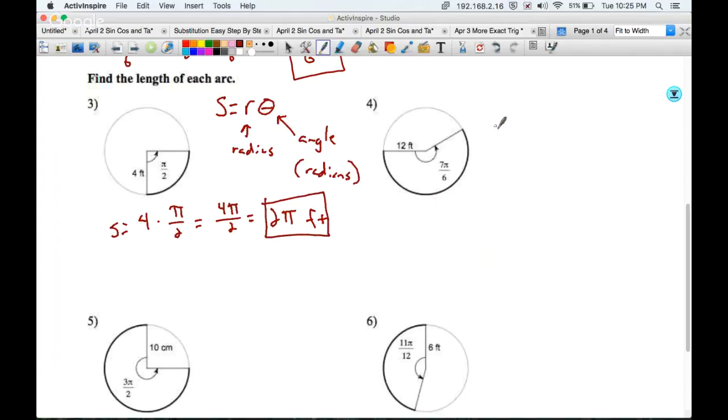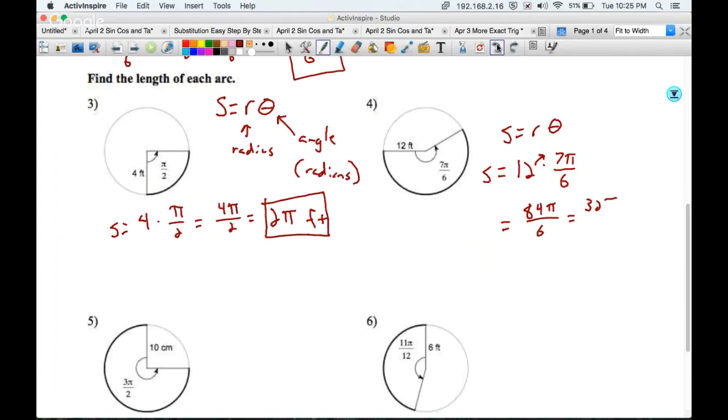Another one, s equals r theta. s equals 12 feet is the radius, theta is 7 pi over 6. I'm going to multiply that 12 to the top of the fraction to get 84 pi over 6, which equals 42 pi over 3.